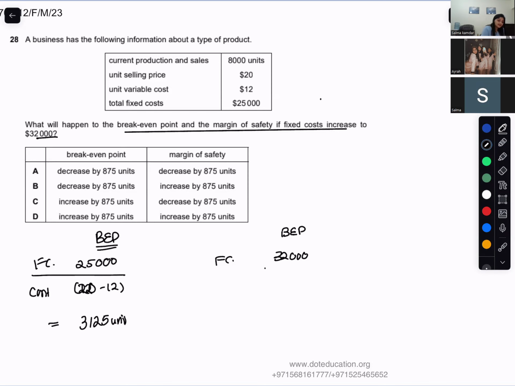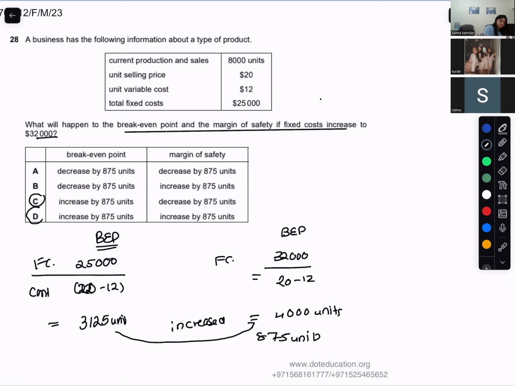And break-even point at 32,000 is 4,000 units. So what is happening to the break-even point? There's an increase. Increase by 875 units. So it could be option C or D.